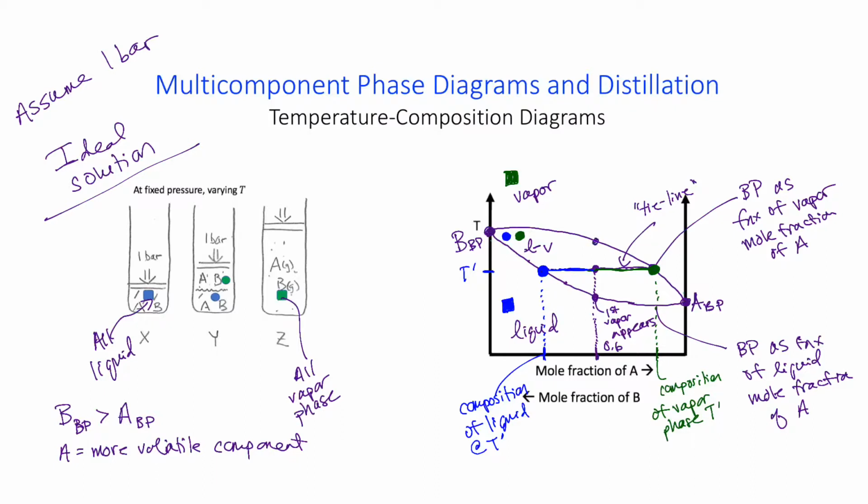So once we get up here, this is where our last liquid disappears. Then as we continue heating, we're just heating our vapor. Sorry, heating our vapor. So our last liquid disappears, now we've got all vapor, and we will continue just heating up that vapor.